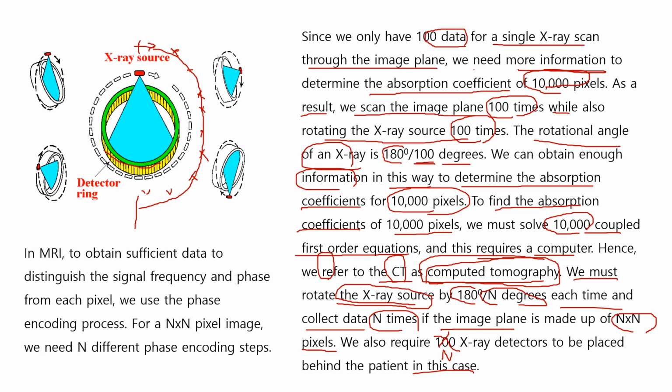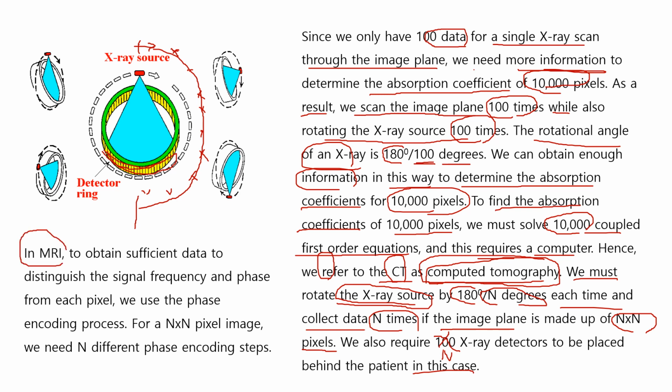These detectors, right? So it's a ring of detectors. So in this way, the CT obtained the absorption coefficient of each pixel, and the image can be constructed from these absorption coefficients.